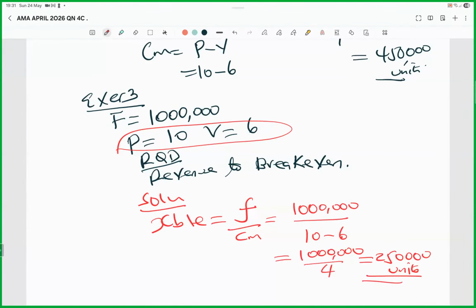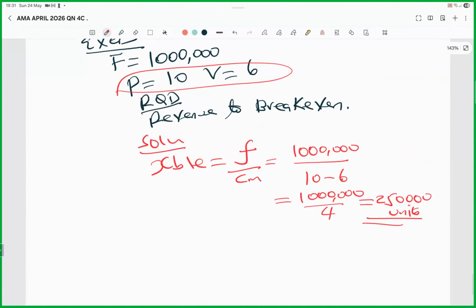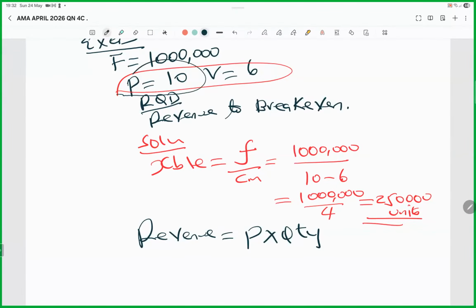But now the question is, how will I change this quantity to money? To change this quantity to money, you and I, we are accountants, and bright accountants for that matter. We know, my very good students, that anytime they want me to get revenue, I'll always take price times quantity. The selling price is 10 here.